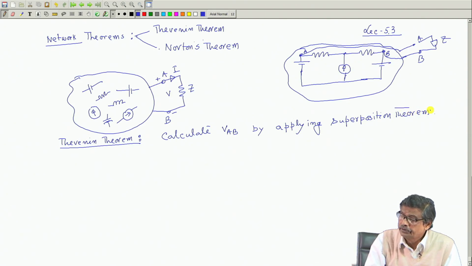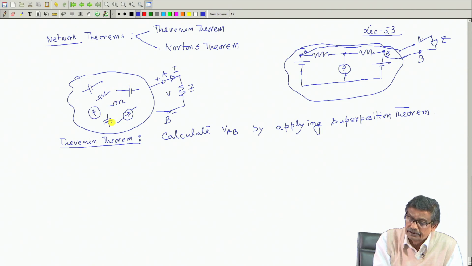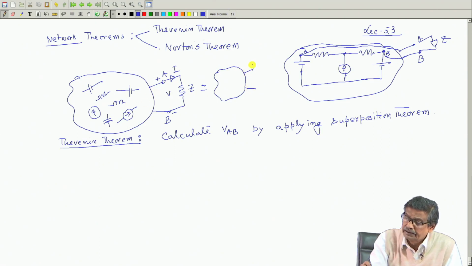Why superposition theorem? Because there are so many sources there, and this network also can be drawn like this. Internal things I am not drawing, these things are there, A and B.